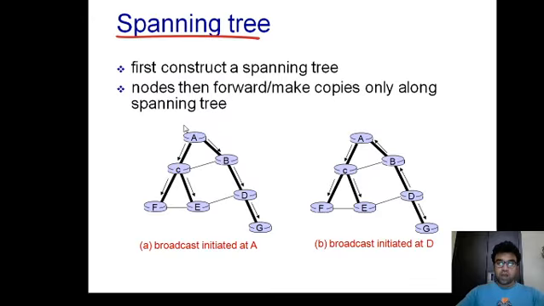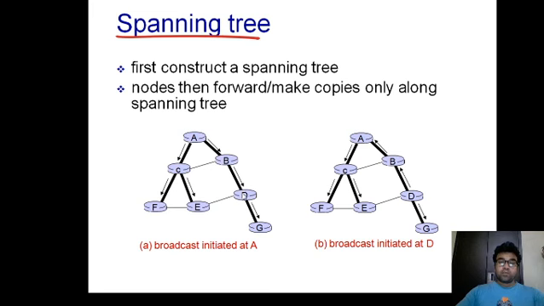Broadcast is initiated at A, and you can see A is broadcasting this information to C and B. Then C is broadcasting that information to F and E. Now they will not broadcast that information because it's a spanning tree. B forwards that information to D, and D forwards that information to G, because G is part of the spanning tree.